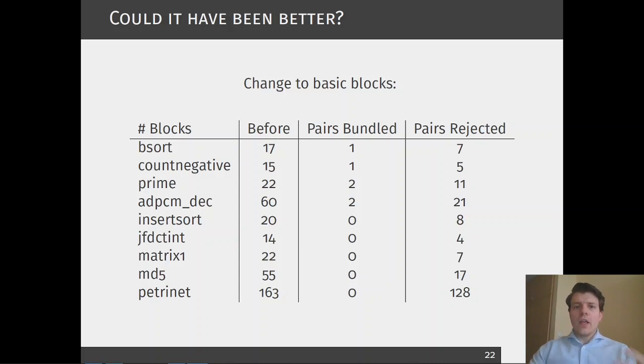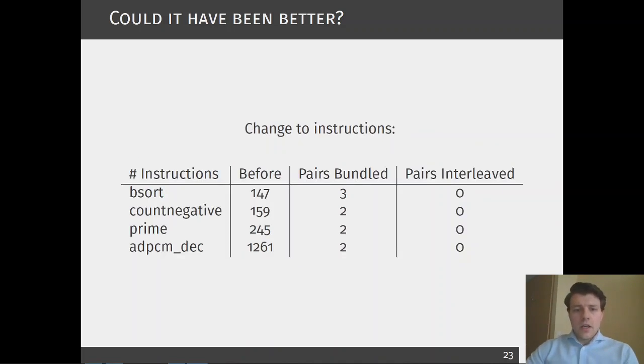But maybe our performance could still have been better if the part of the algorithm that actually merges blocks could have done better. So this table shows the effects on instructions in the programs that received bundling. In the before column, we see the number of instructions in the program before any bundling happened. The second column is the number of instruction pairs that were bundled together into one bundle.